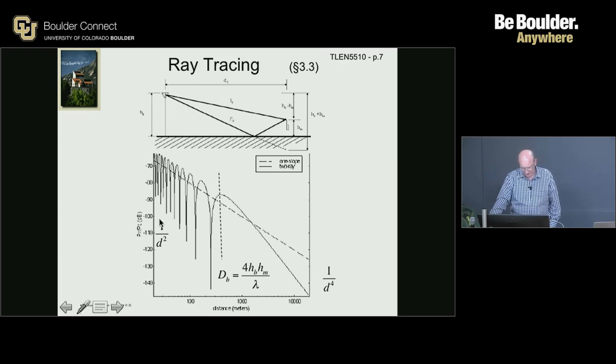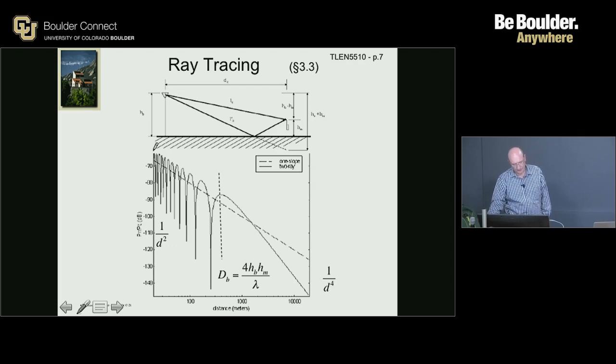The other noteworthy thing is the 1/d squared versus 1/d^4. It is sometimes considered that the envelope here, if you ignore the deep fades or try to get rid of them with diversity, has a slope of 1/d squared.